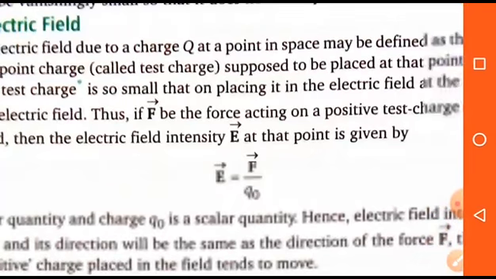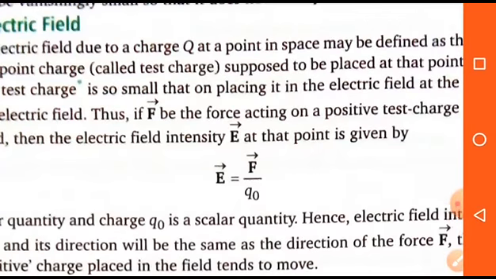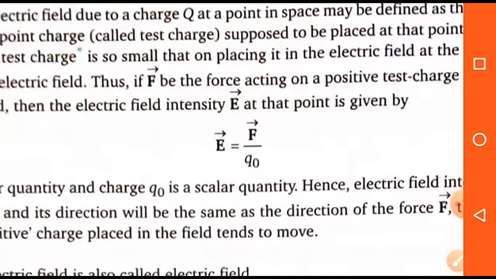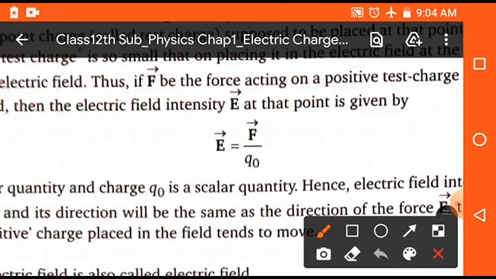Students, the intensity of electric field is defined as the force working on a unit positive test charge. It means that if we apply a force on a unit test charge, then it will be equal to the intensity of electric field.